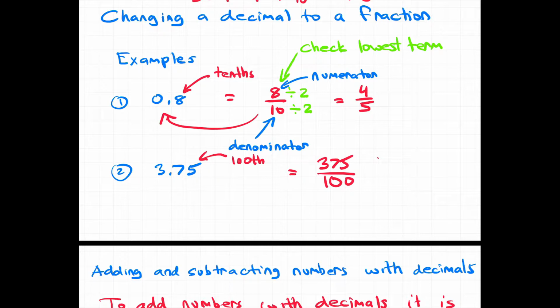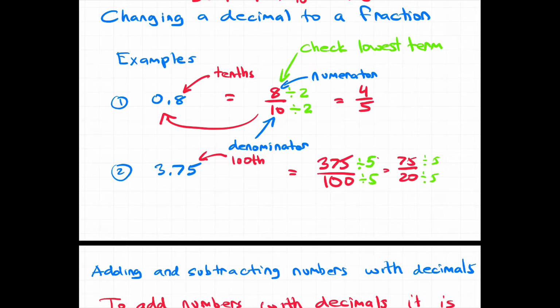So again, is this in lowest terms? Well, if you understand the divisibility rules, you should be able to look at that and immediately recognize that we can divide 5 into both of these. So if I divide the numerator by 5 and the denominator by 5, we're going to end up with 75 over 20. And again, I can do that one more time. So I was able to divide by 5 on the first step, and now I'm doing it again.